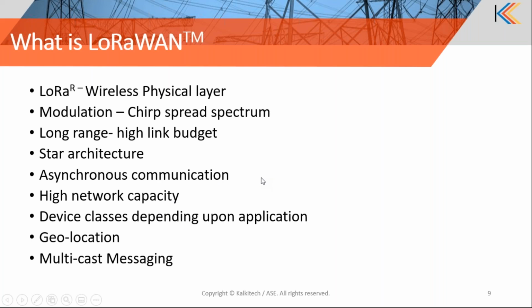Basically, it uses a mechanism called automatic data rate, ADR. It's used to adjust data rate to suit the environment. That is, if a device is closer to a gateway or base station, then it will use less power, less time on air, and higher data rates.